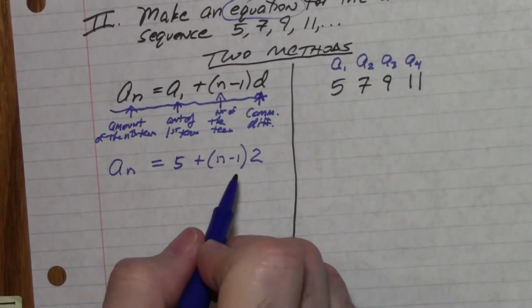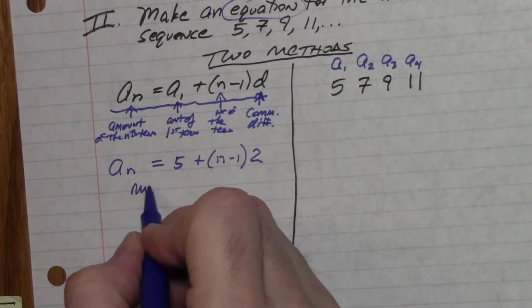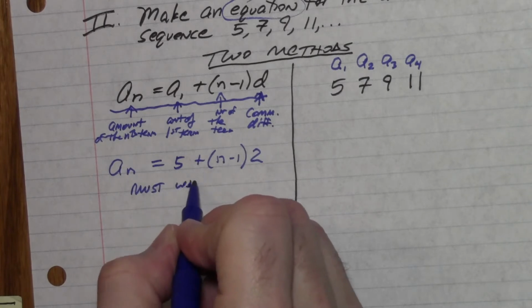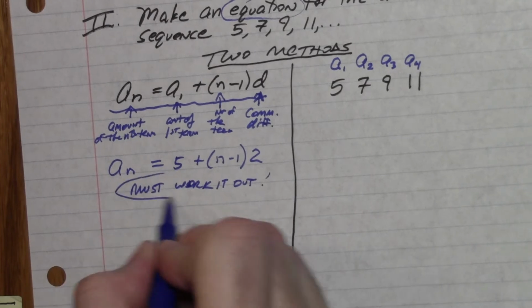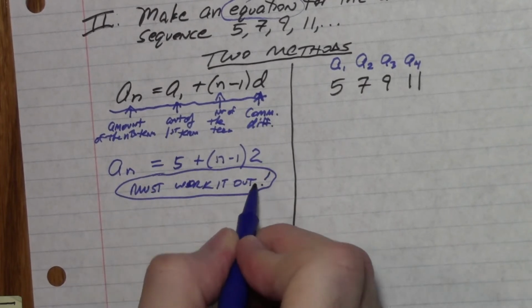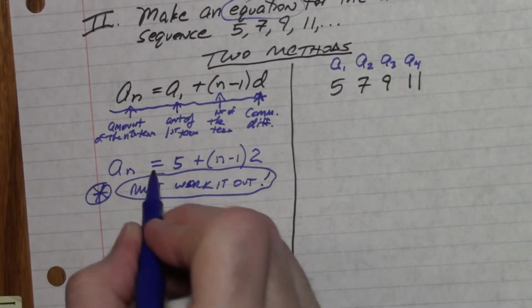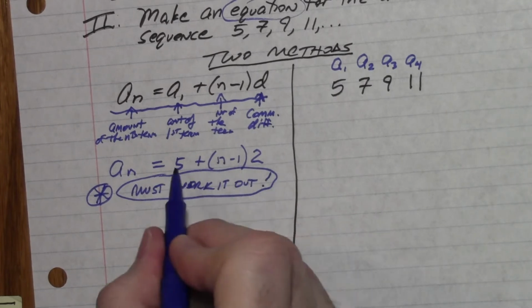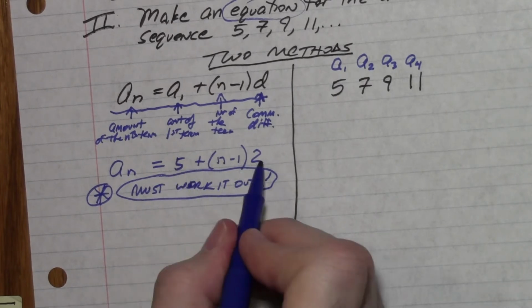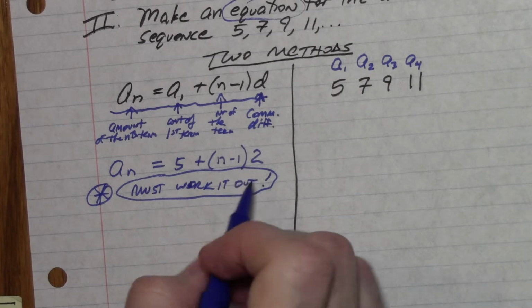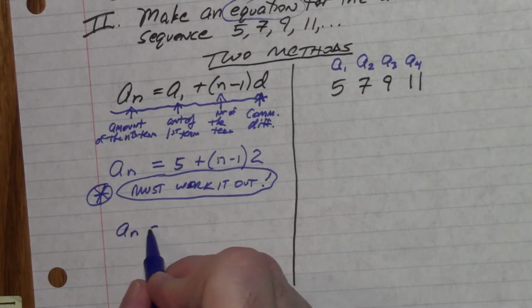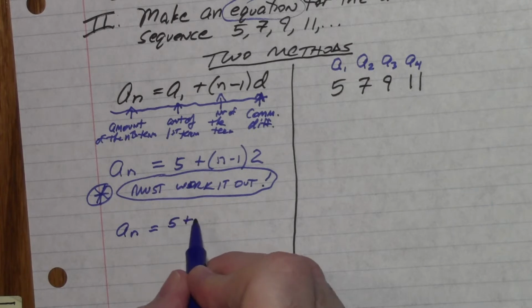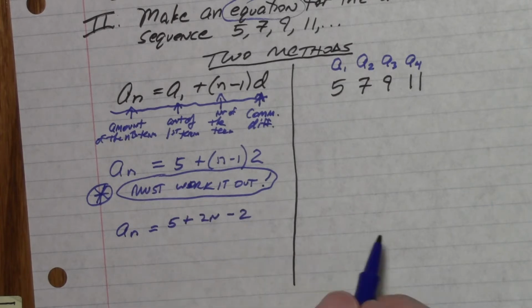This is not acceptable. You must work it out. Very important part. This would be an incorrect answer. You have to multiply it until everything is as simplified as possible. So what I would do first here is multiply the 2 to both of those, and equals 5 plus 2n minus 2.